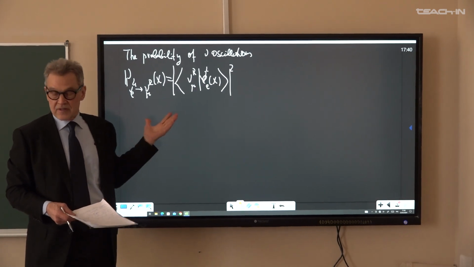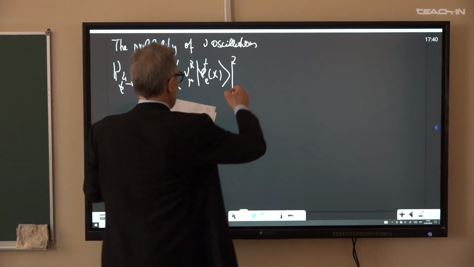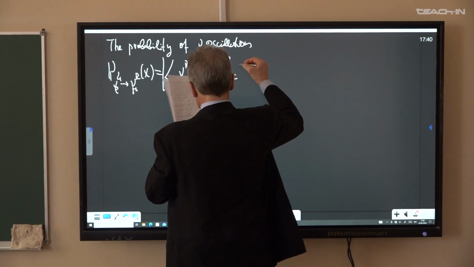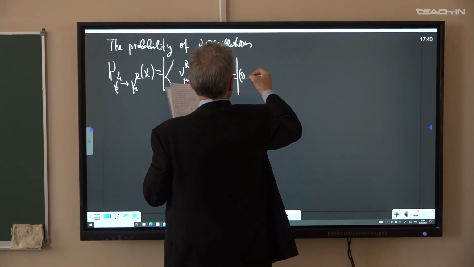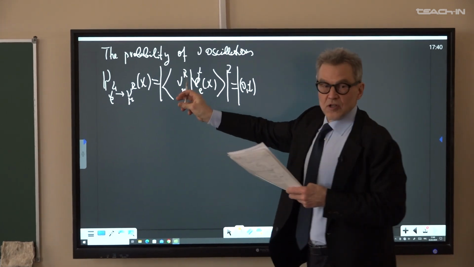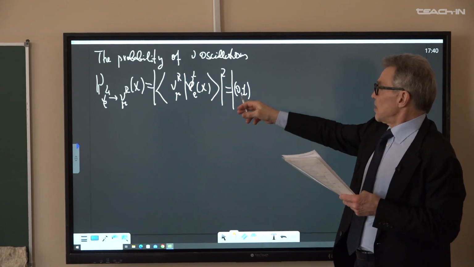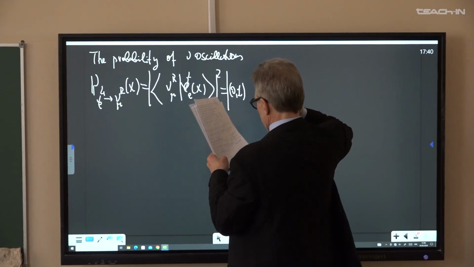We have derived this. So let's write it explicitly. Modulus, that should be squared, after 1, 0. This corresponds to the muon neutrino with the right-handed spin orientation.